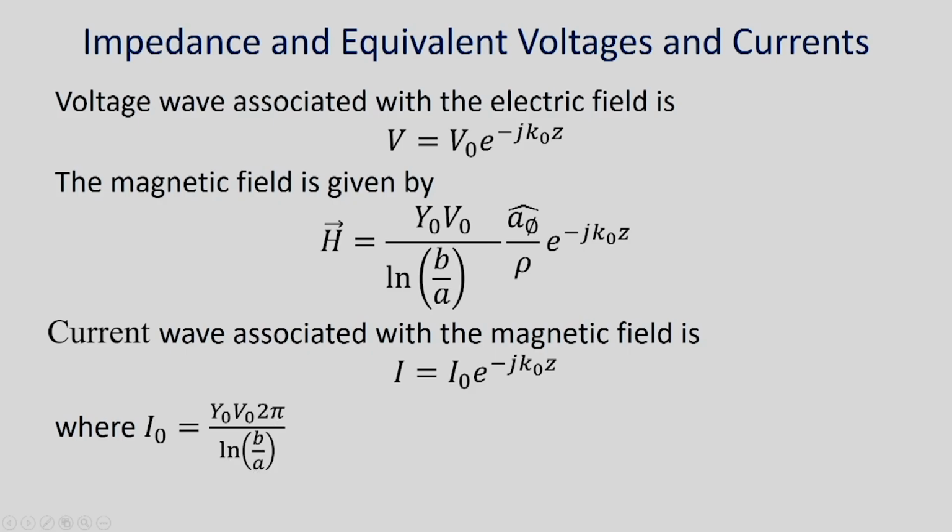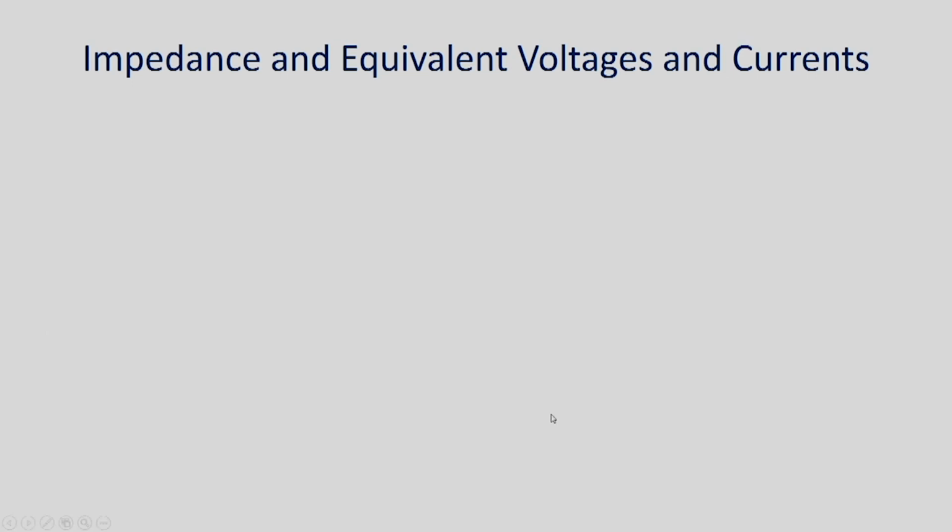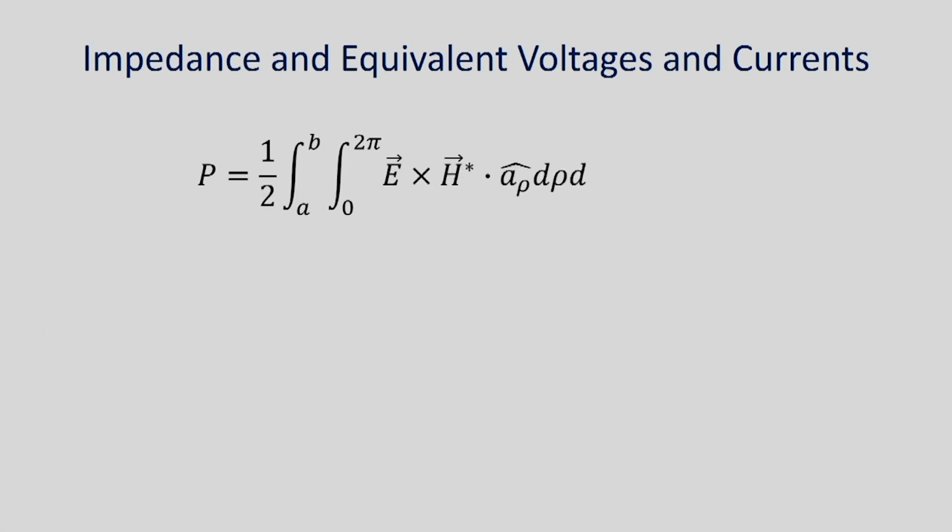Once we define these equivalent voltages and currents and relate them to the electric and magnetic fields, we can also calculate the power going through such a coaxial transmission line.